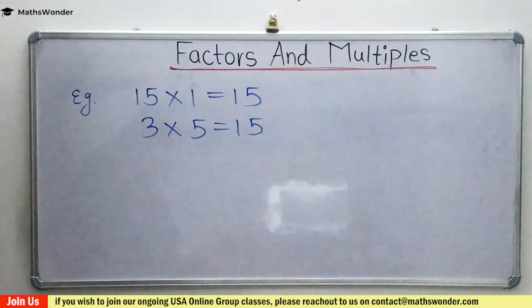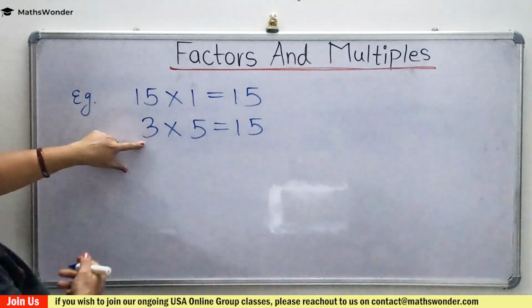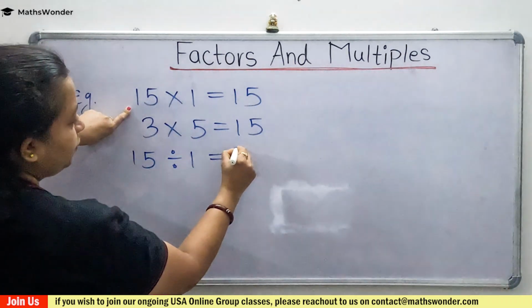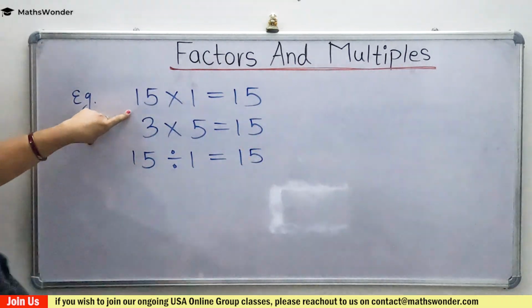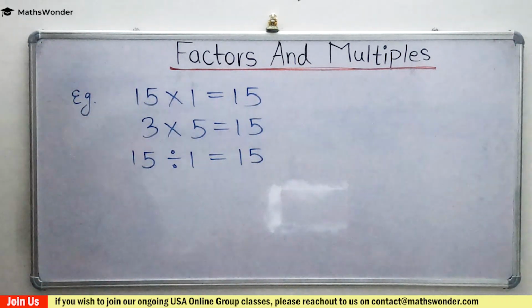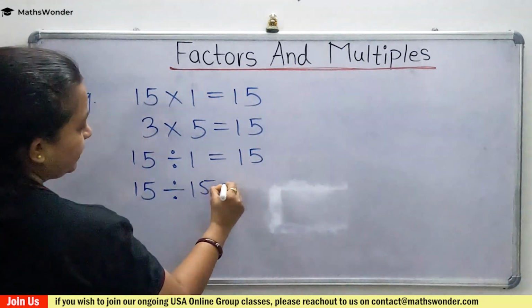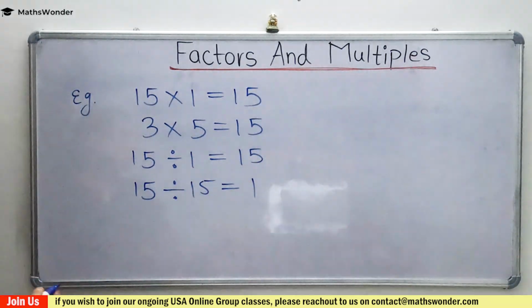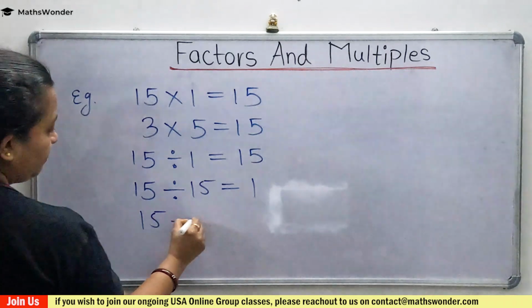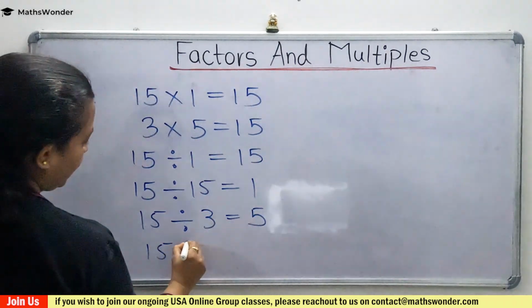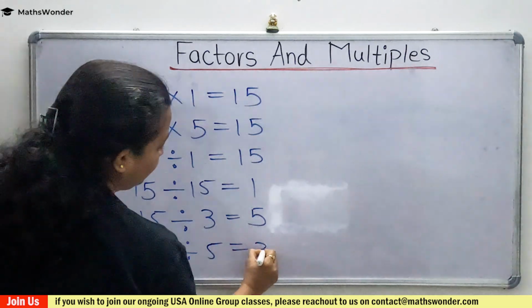If 15 is divided by 1, you get 15. It's perfectly divisible, with no remainder left. 15 divided by 15 gives 1, without leaving any remainder. 15 divided by 3 gives 5. 15 divided by 5 gives 3.